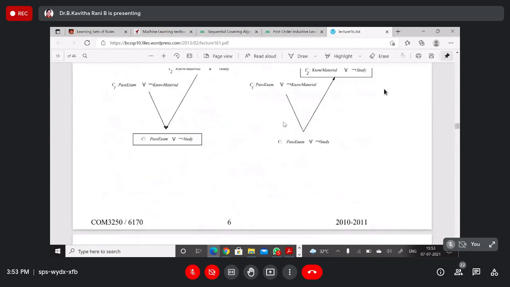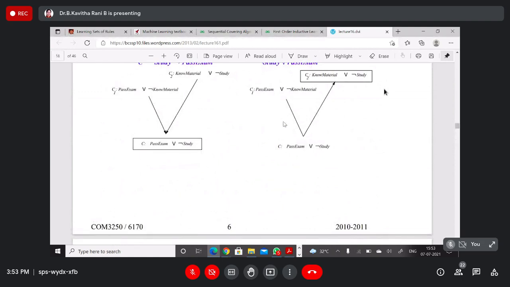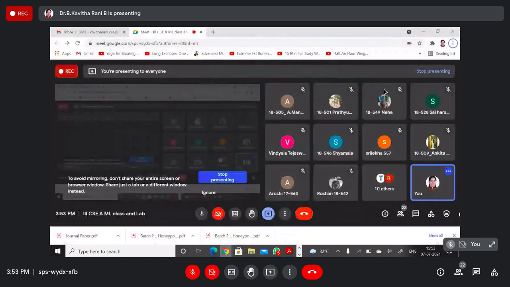So with these 4 units, the second part is completed. In the next class we will start reinforcement learning. Guys, it is a very tough subject. If you only read, you will understand.